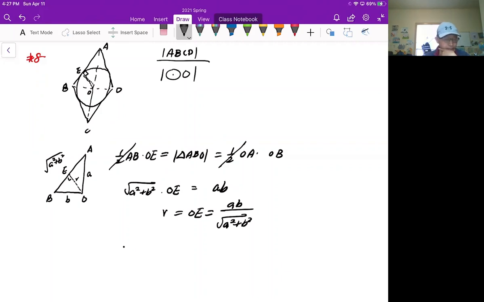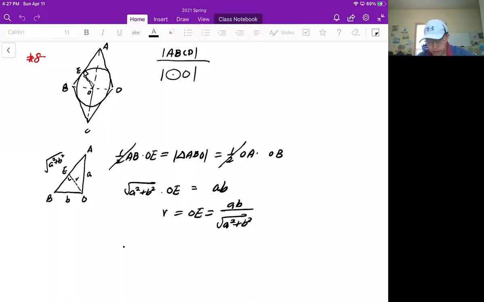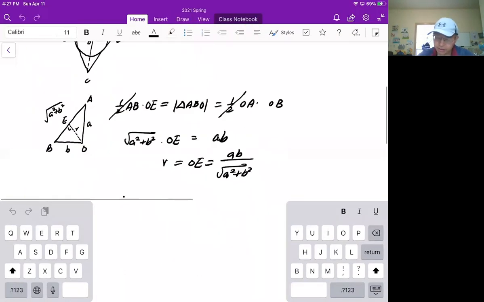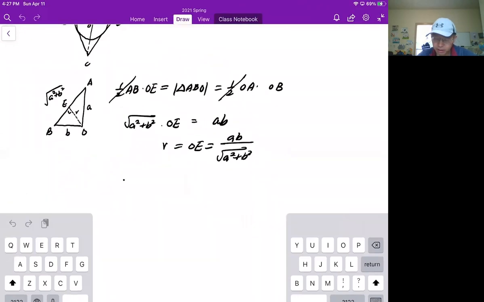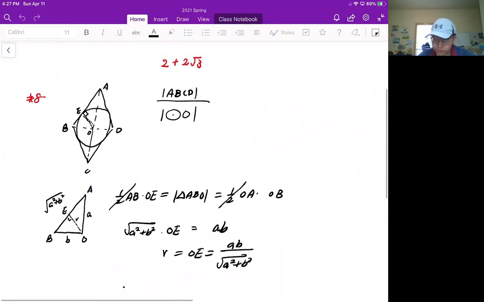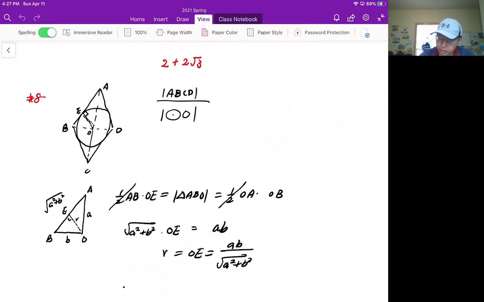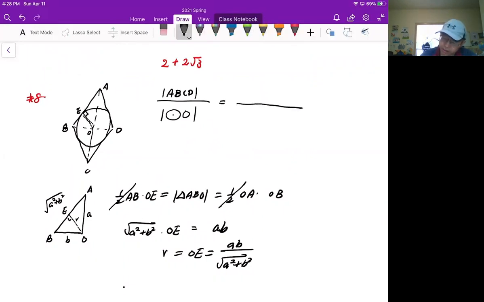Right? Very good. Now we are ready to get the ratio. So let's do this. The denominator is pi r squared, but the r is just AB over the square root of A squared plus B squared, and take the square, right?